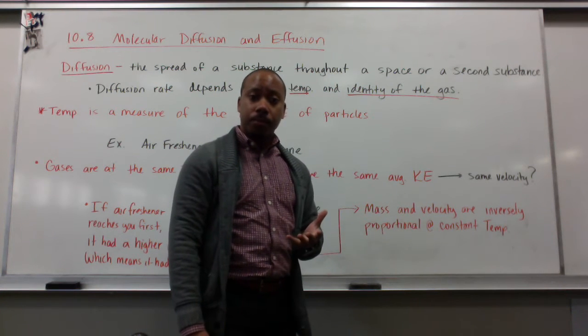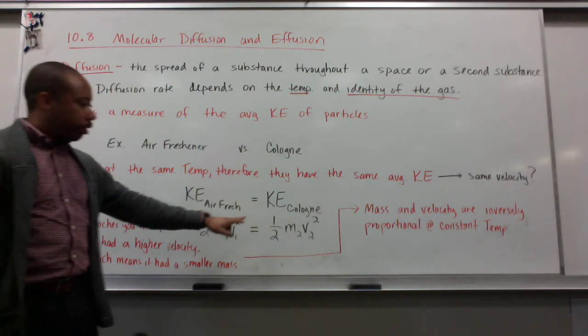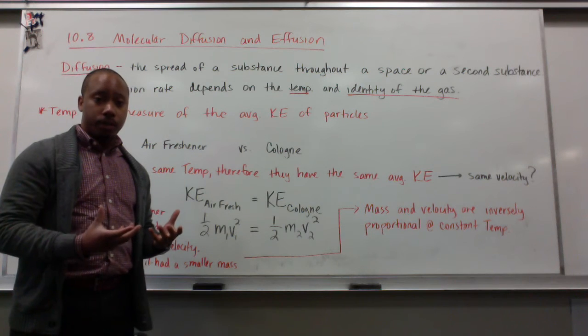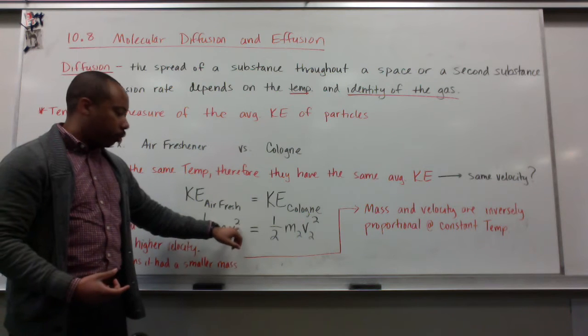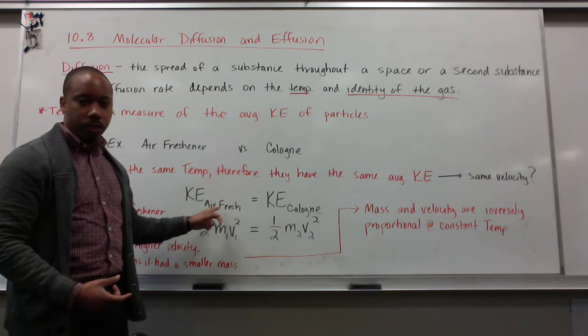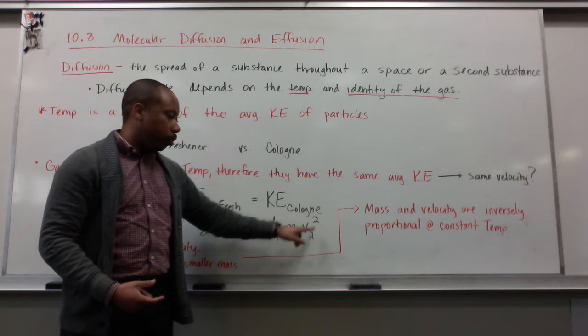Let's check it out. So, kinetic energy of the air freshener is equal to the kinetic energy of the cologne because they are at the same temperature. So that means 1/2 M1V1 squared, this is of the air freshener, I put the ones here to represent air freshener, is equal to 1/2 M2V2 squared.